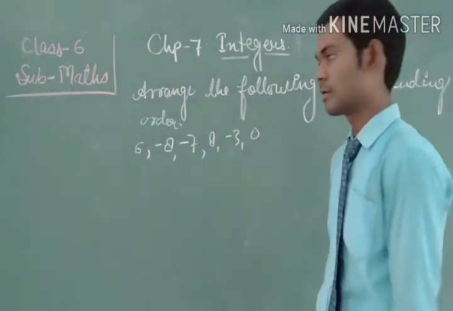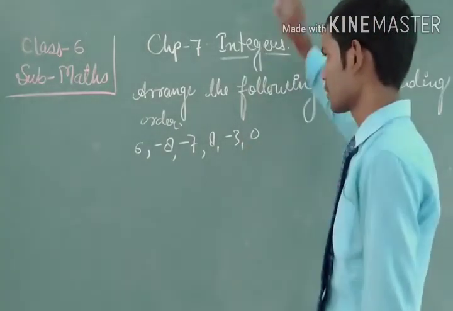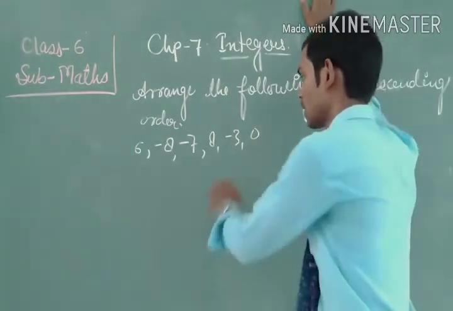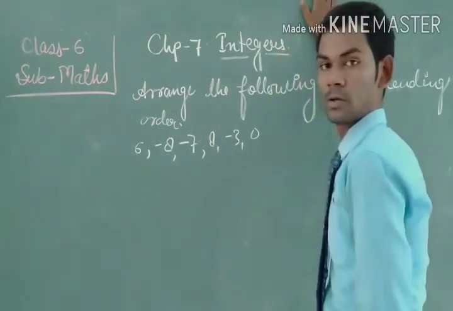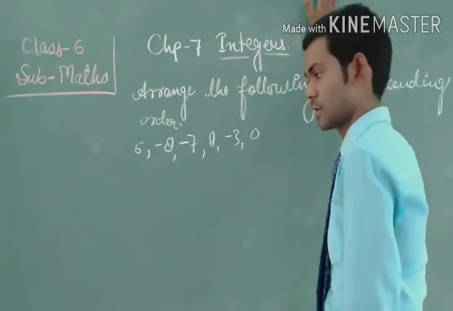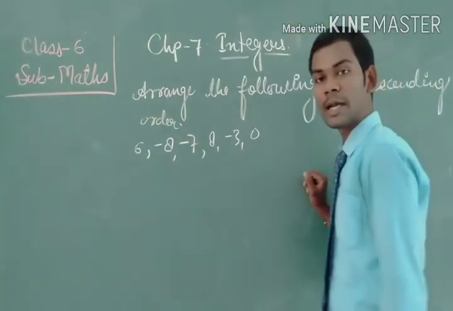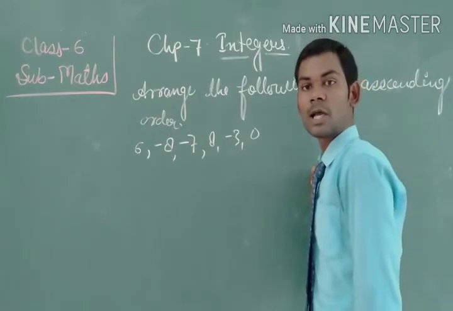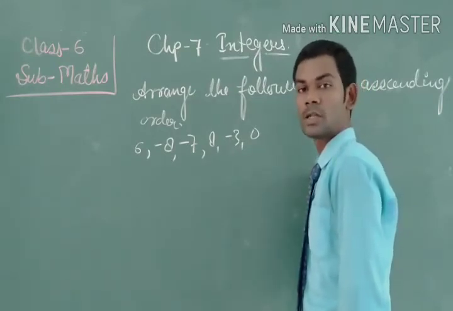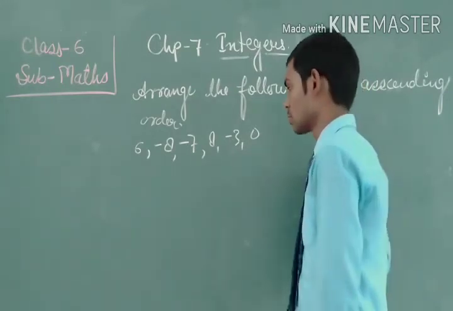There is a group of integers given, and we have to write these numbers in ascending order. So in order to write them in ascending order, we write the smallest number first and go further up to the greatest number.